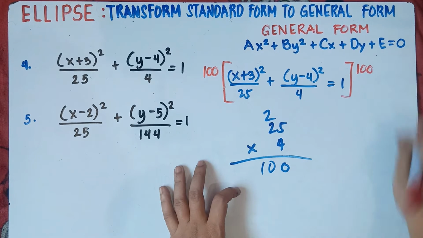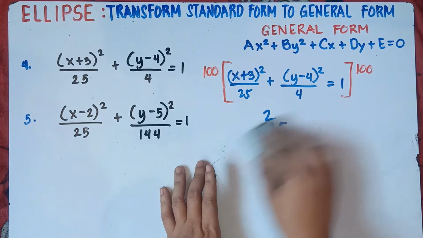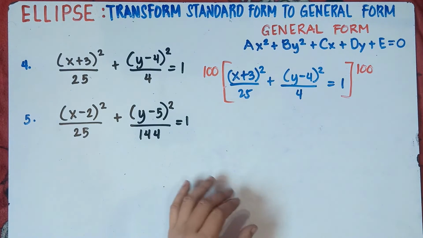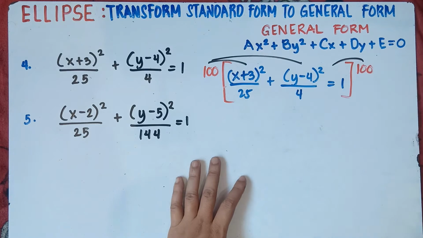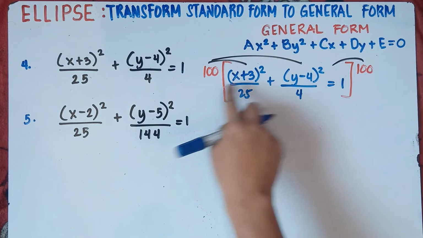So you multiply both sides by 100, and then you distribute, class. This will be 100 times this equation.